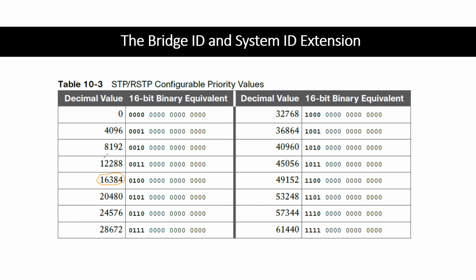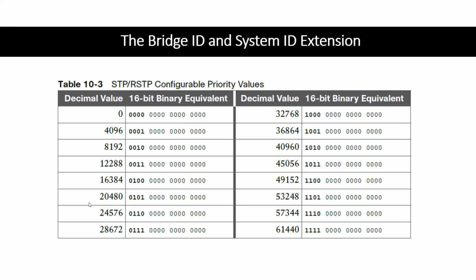The switch is going to read that and the CPU is going to set it to 4096 less than the current root priority. Hopefully that makes sense. I'm trying to keep it as simple as possible.